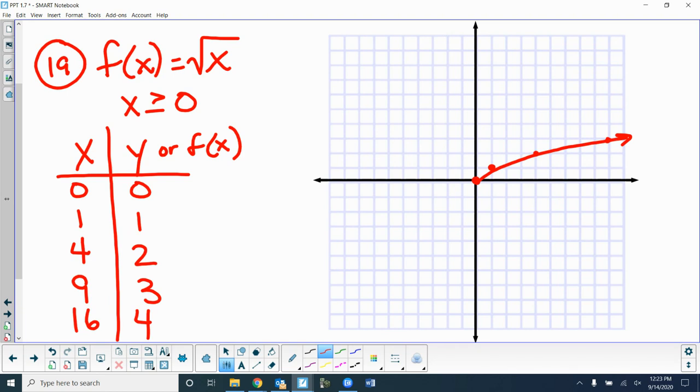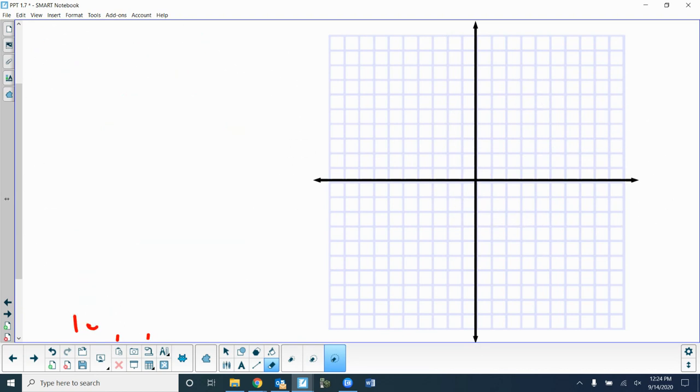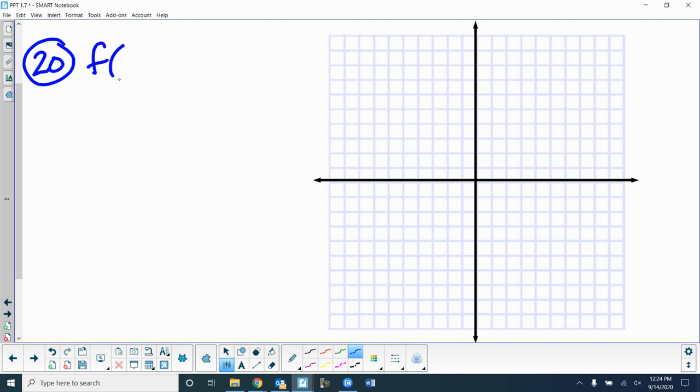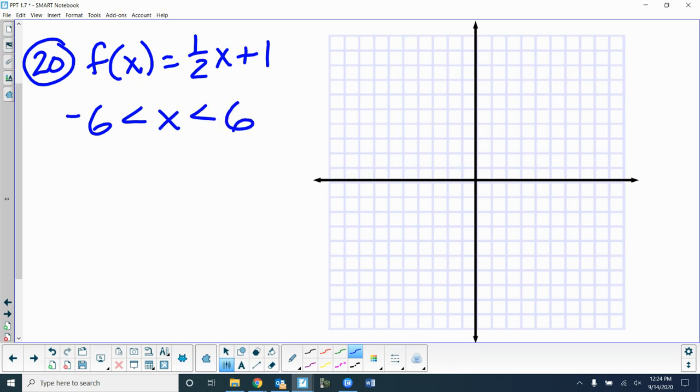Okay, let's look at 20. So 20 was f of x is 1/2 x plus 1. Then it says this, I believe, which is -6, right?